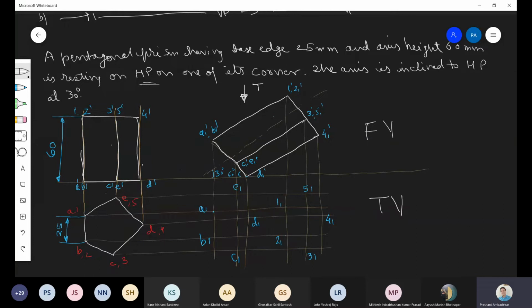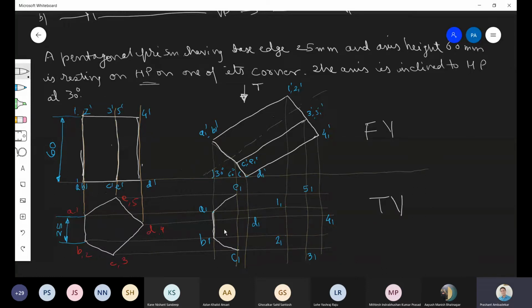Now pay attention here. See, A to B, I am joining A to B. B to C, I am joining B to C. Then C to D I am not joining. A to E I am joining. Only these three lines I joined. Why did I join these three lines? Because I know that this is the outer periphery of the object.